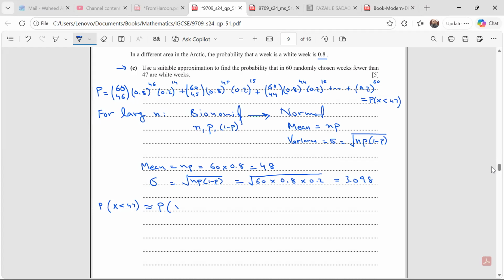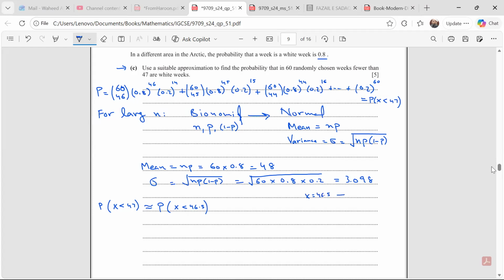So the probability that X is less than 46.5. I want the probability that less than 47, so I have to stick with discrete values, but since I'm going to continuous, that's why I'm approximating it by X less than 46.5.